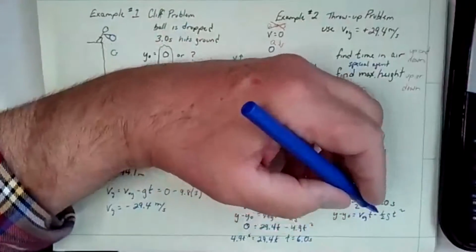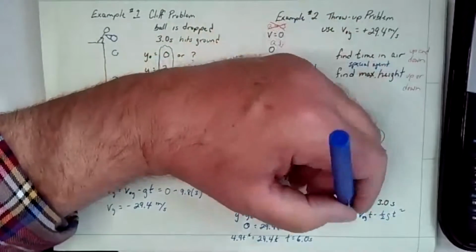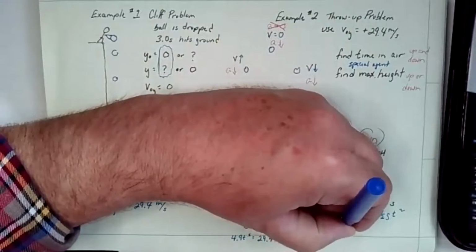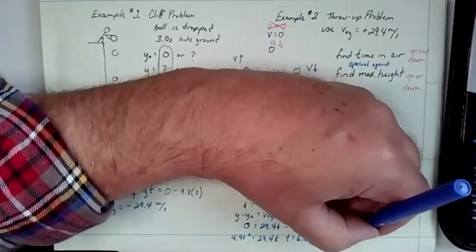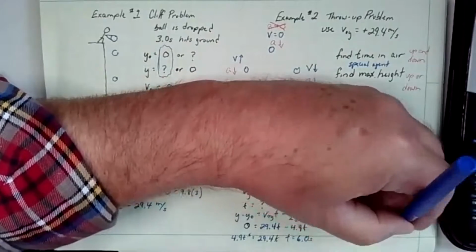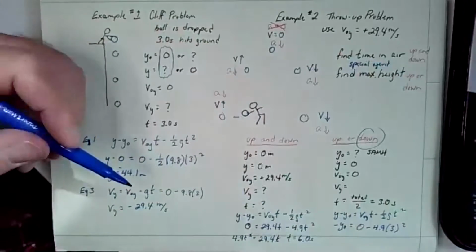Okay, here come the numbers. So it's actually y0 is what I'm looking for. And 0 times anything is still 0. And then minus 4.9 times 3 squared. But deja vu, I think I've already done that math before.